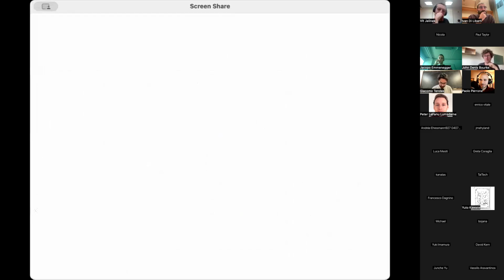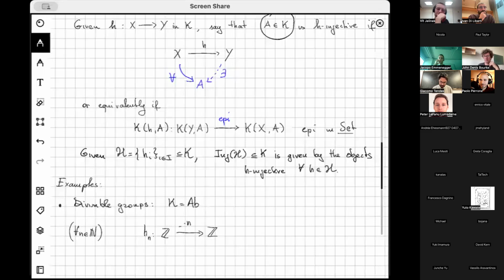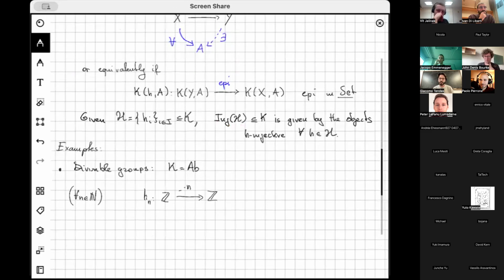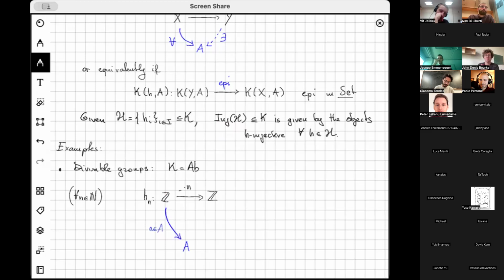So going back to the divisible groups, they can also be seen as an injectivity class very easily, because if you take a group, let's go back to blue, say an abelian group, and you consider the maps Hn, so for a fixed n, which takes multiplication by n, then to say that a group is divisible is just to say that it is injective with respect to this, because to give a map from Z to A is exactly as to give an element in A.